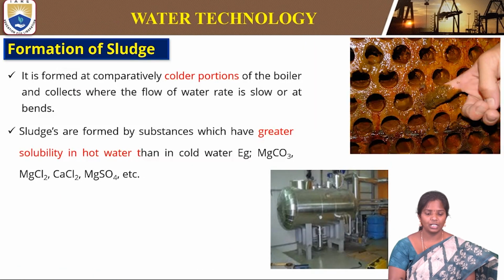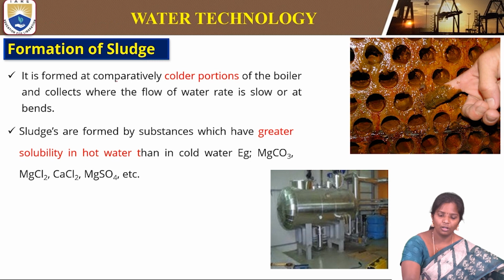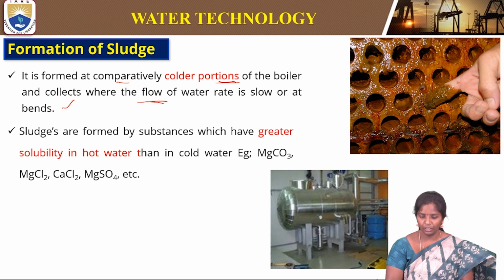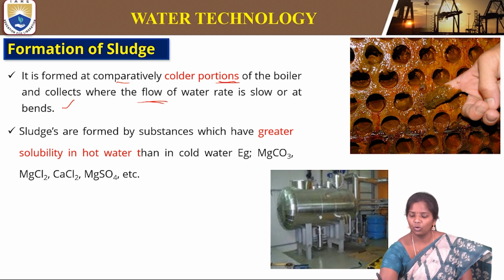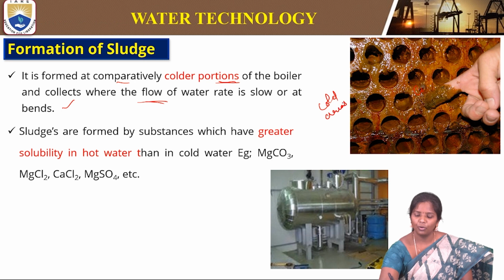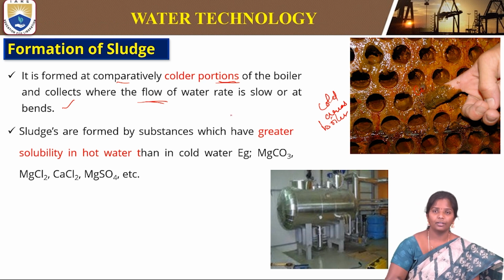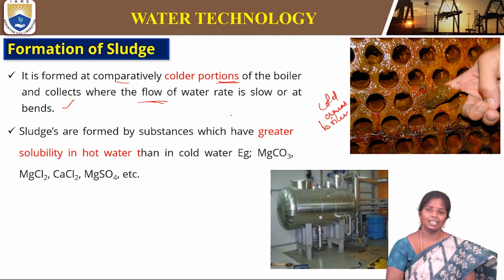So the formation of sludge, how does it form? It is formed at comparatively colder portions of the boiler and collects where the flow of water is low, or at its base. So sludge generally forms in the cold areas of the boilers, because the flow rate of water is low.